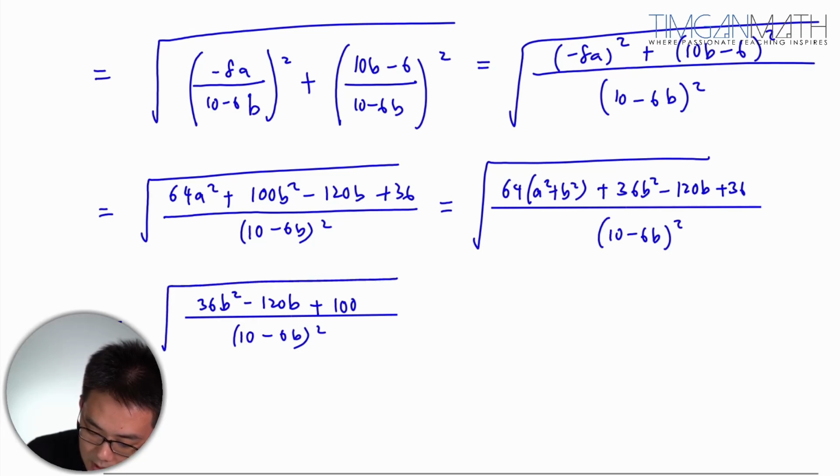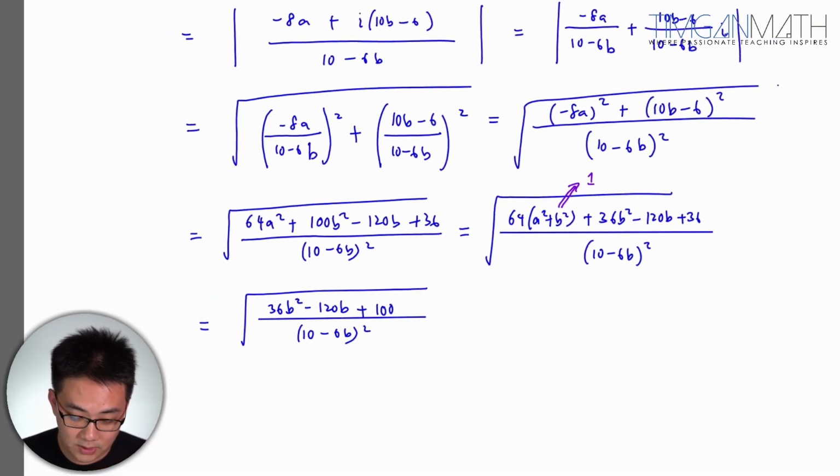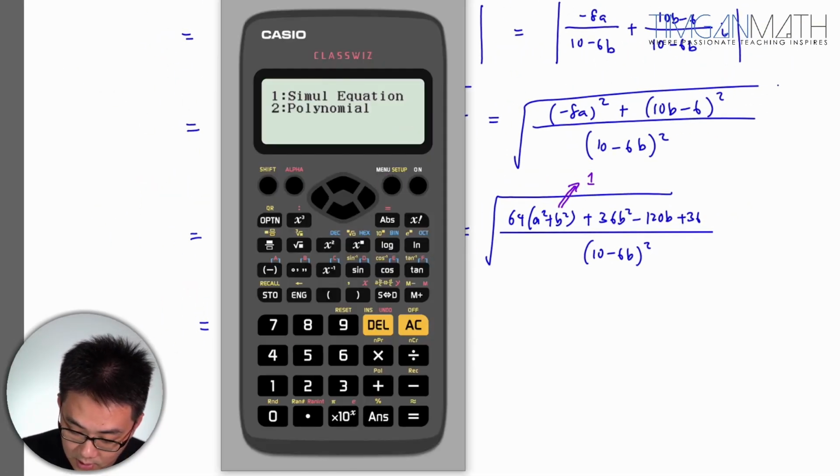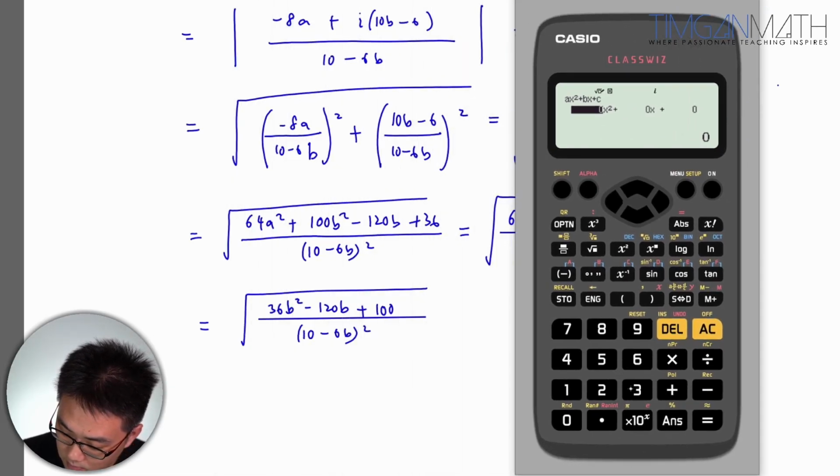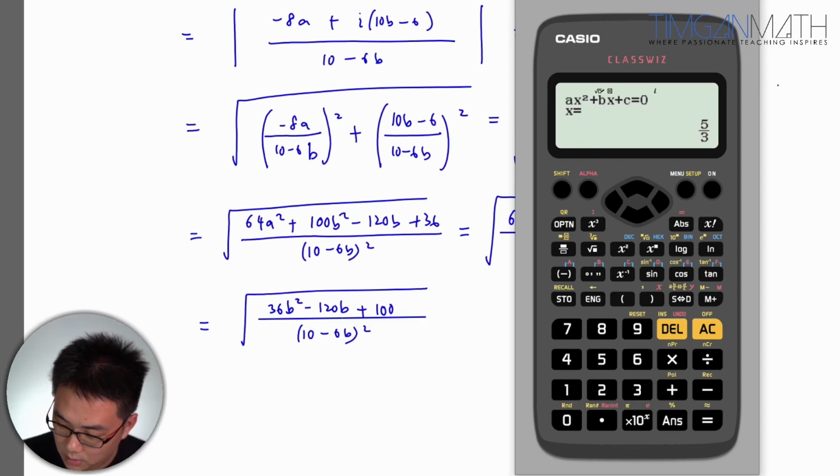Like I say, what I want is actually a square plus b square, because that would help me much in terms of simplifying it. So polynomial degree of 2, this would be 36, and then after which you have minus 120, 100. I hope for the best.